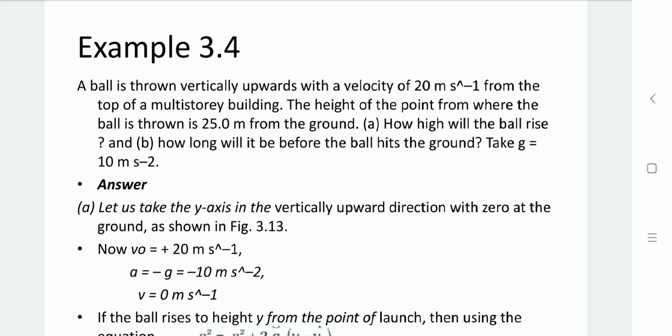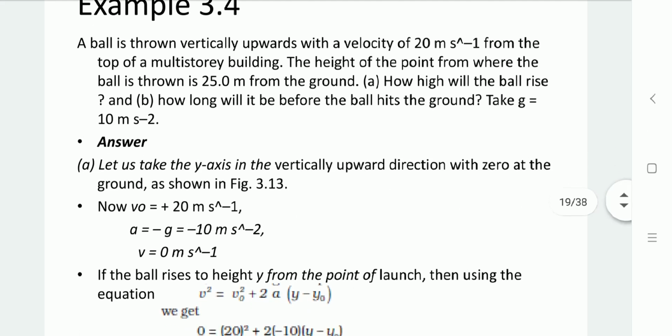So let us calculate. Here let us take the y-axis as the vertically upward direction with 0 at the ground. So here the initial velocity is given as 20 meters per second, and as the ball is thrown vertically upward, the acceleration would be due to gravity in the reverse direction.